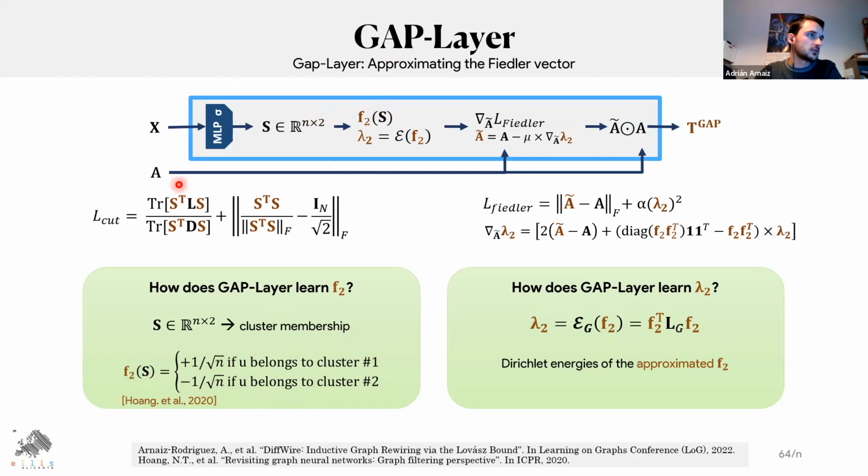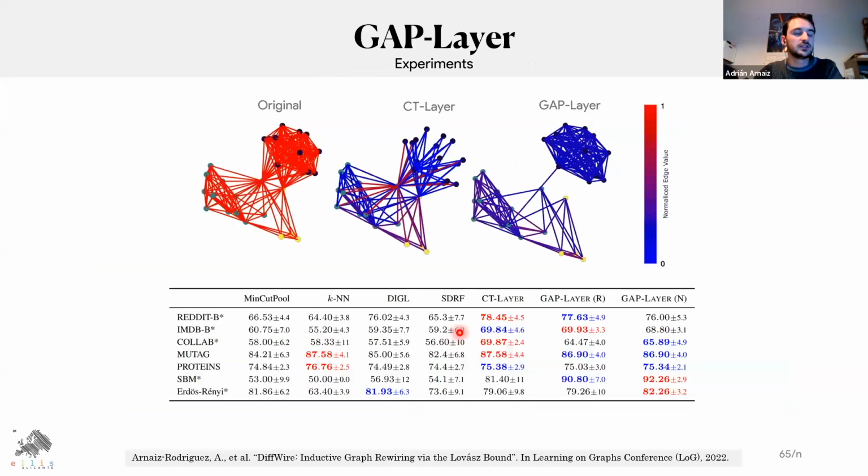So we do this pooling into 2 clusters: if it's in the first cluster, this value, otherwise this value, and then we compute the Dirichlet energies of this approximated filter vector. So we now have the approximated learned filter value and the learned filter vector, so we can compute this derivative in a more efficient way. And this is how it performs the rewiring.